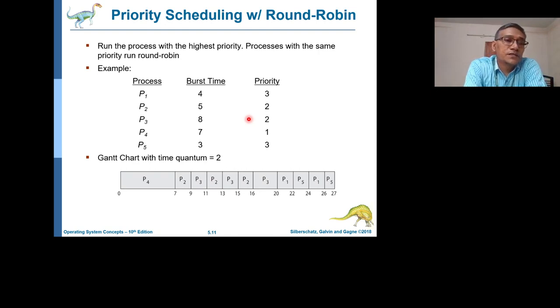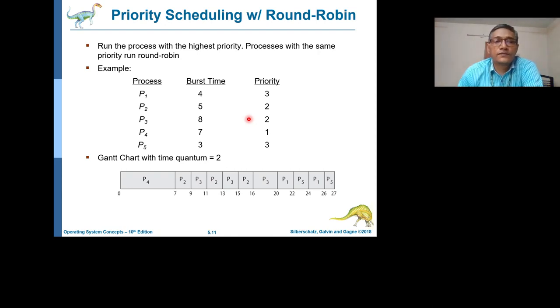The priority scheduling algorithm can be combined with round robin also. In this example, we will take P1, P2, P3, P4, P5 with the corresponding burst times and their priority. It runs the process with the highest priority. Processes with the same priority will run through round robin.